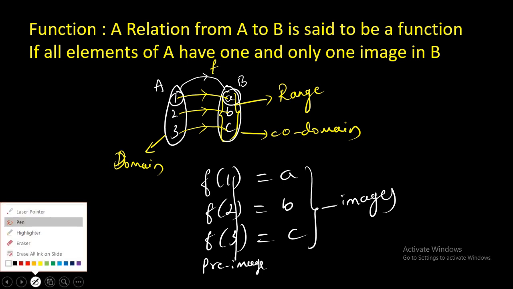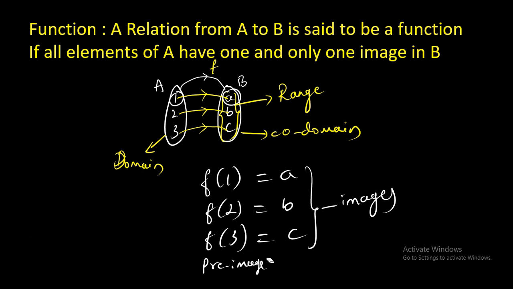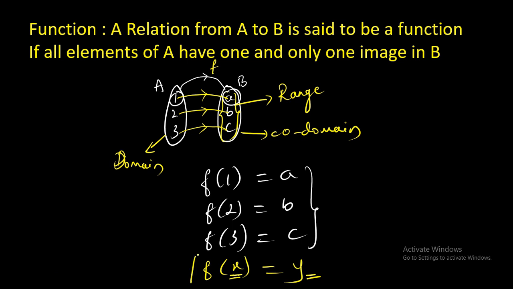Generally we denote the function f of 1 is equal to A, f of 2 is equal to B, f of 3 equal to C, but in general we write f of x is equal to y. So, x is called pre-image, y is called image. So, remember always a notation f of x equal to y, or you can write y is equal to f of x.